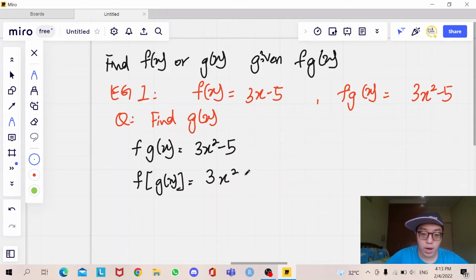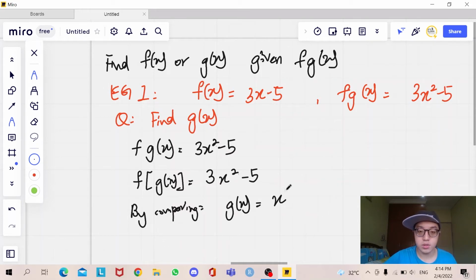If you are to compare with f(x), the difference is the square here. So we know that by comparing, g(x) is equals to x squared. Because by subbing g(x) into the function of f, you get 3x squared minus 5. And if you compare to the function of f(x), you will just get the x, and x squared is the only difference. Therefore, you know that g(x) is equals to x squared.